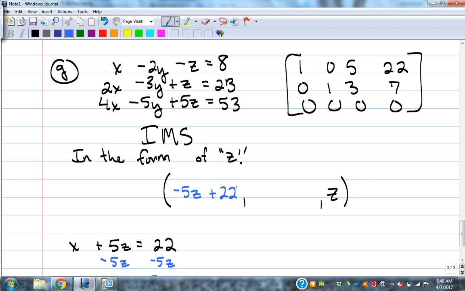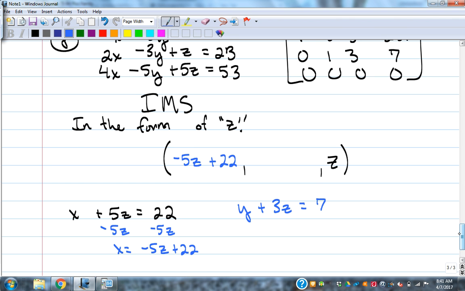The second row of the matrix has Y plus 3Z equals 7. That's pretty easy to get Y by itself, right? Subtract 3Z: -3Z plus 7.